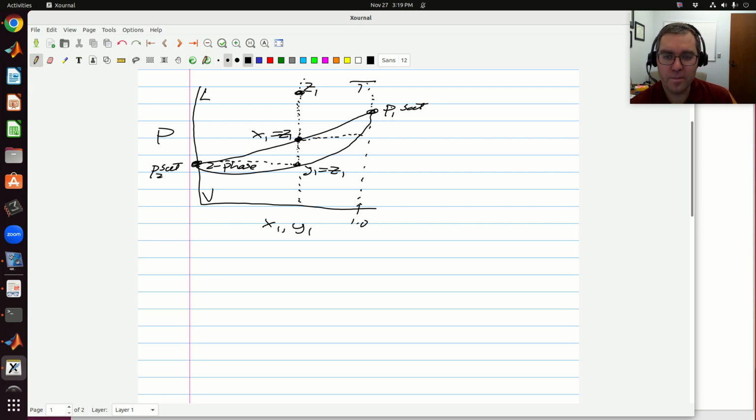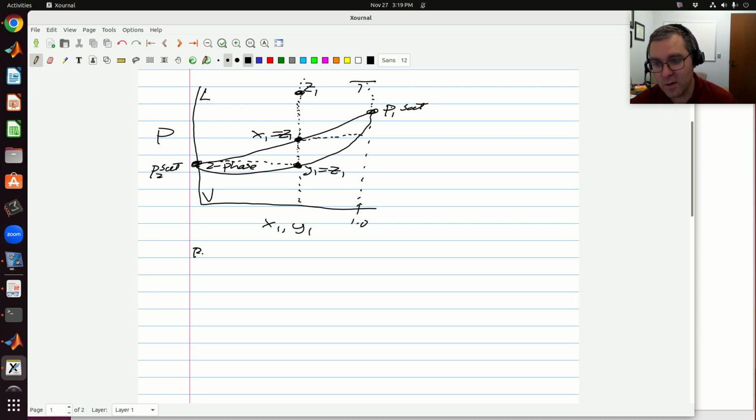If my pressure is less than my dew pressure, then that means I have a vapor. And if my pressure is between my bubble point pressure and my dew pressure, well then I'm in my two-phase region. I have a two-phase mixture. Okay. Cool. Now let's talk about bubble P and dew P calculations.